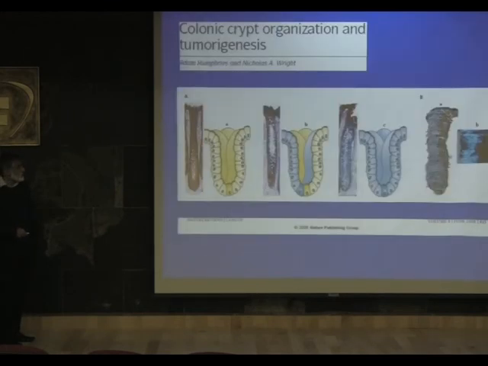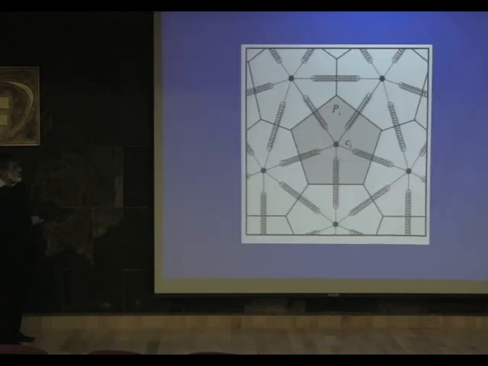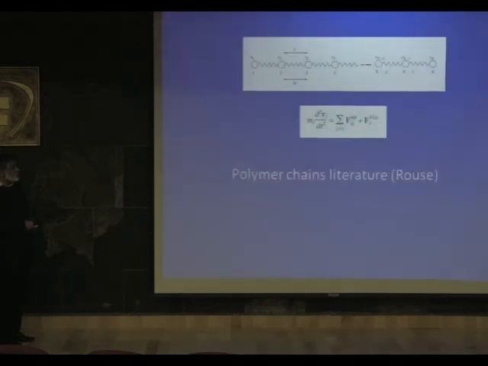Okay? And now people can actually track the cells, so you can see how the cells evolve. So we've been using this type of model. And again, if you think about this type of model in one dimension, you've got springs again, and you can use Newton's laws of motion.